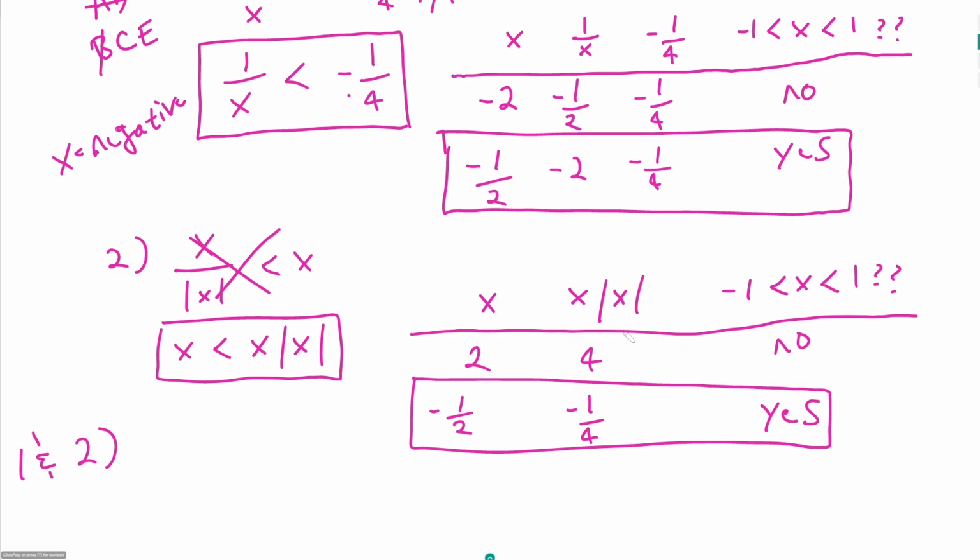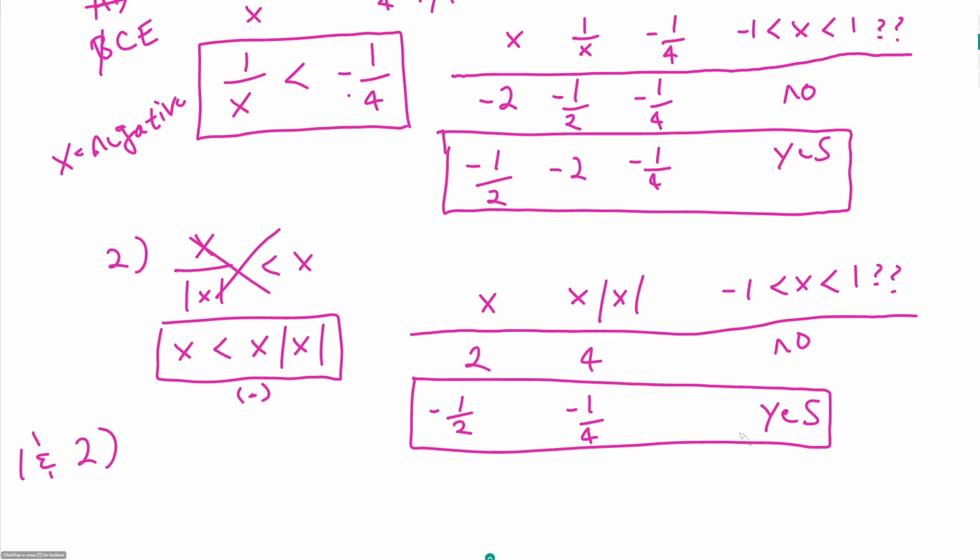And then it looks like from my second statement, x will never be able to be less than negative 1, because in that case, I'm always multiplying a negative number by a positive number that's greater than 1. And so that number is going to be getting more negative. So I'm comparing x to a number more negative than itself, and therefore, I'm not going to be able to get a no here.